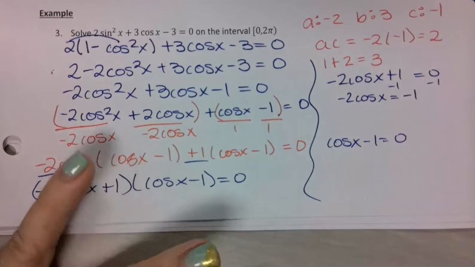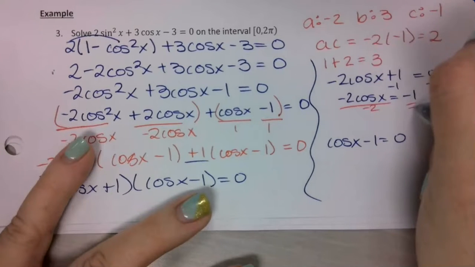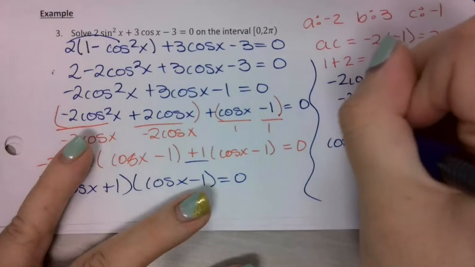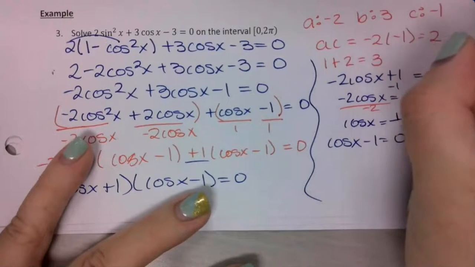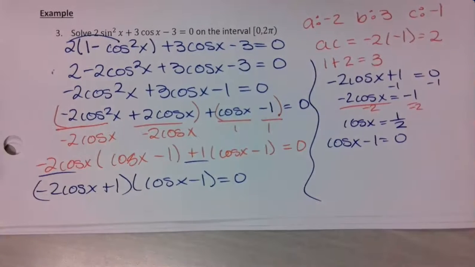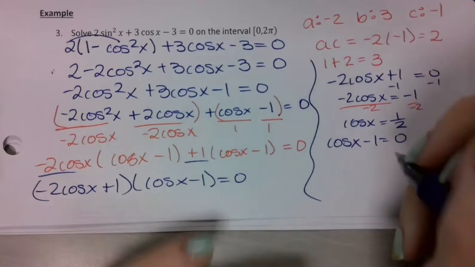And then I'm going to divide by -2, which is going to give me 1/2. Okay, and then on the second one, I want to add 1 to both sides.